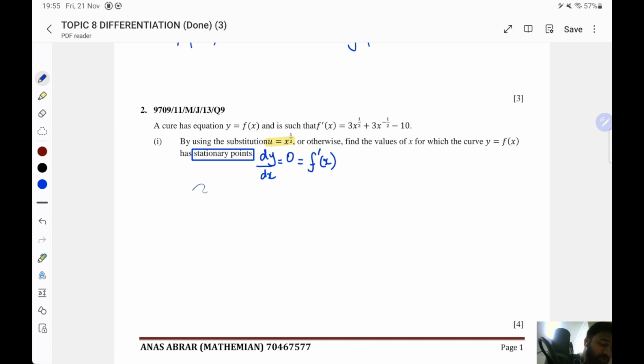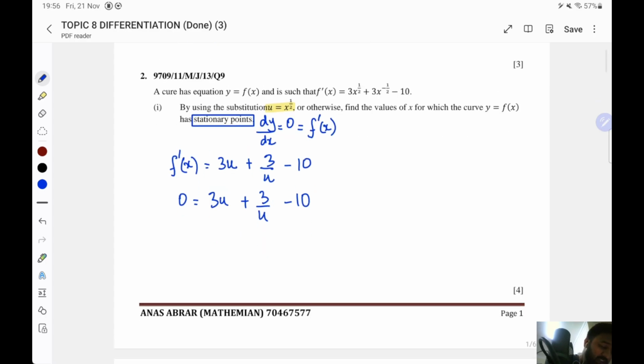Substituting it in the above f dash of x, it will be 3 times u plus 3 divided by u minus 10. Now f dash of x will be 0 because it's related to the stationary point. So 0 equals 3u plus 3 divided by u minus 10.